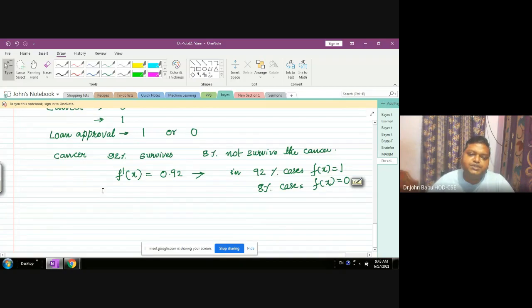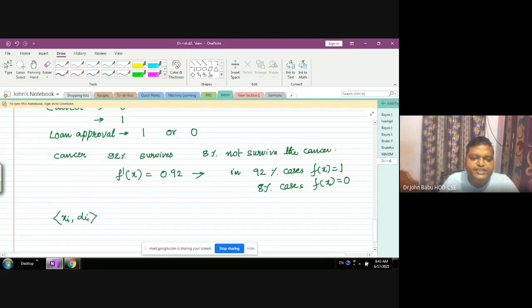So how do we go ahead with the learning problem for deriving the maximum likelihood hypothesis? Let us say we have a problem set of xi, di.